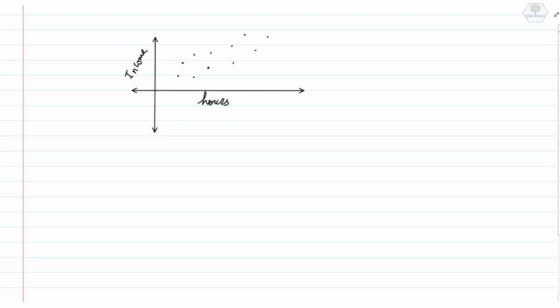If I wanted to draw a line which passes through the majority of these points, or makes the points above the same as the points below the line, I have to draw what's called the line of best fit. The line of best fit is the line that passes through the majority of our scattered points.